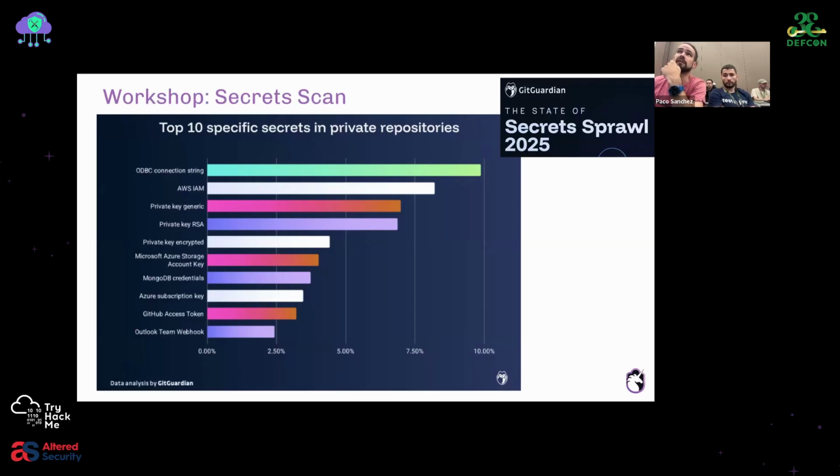This is the top 10 they found in private repositories: connections to databases, connections to AWS and other clouds, GitHub access tokens. As we saw before, maybe it's private now, but at some point it can end up being public, apart from being accessible to everyone at the company.